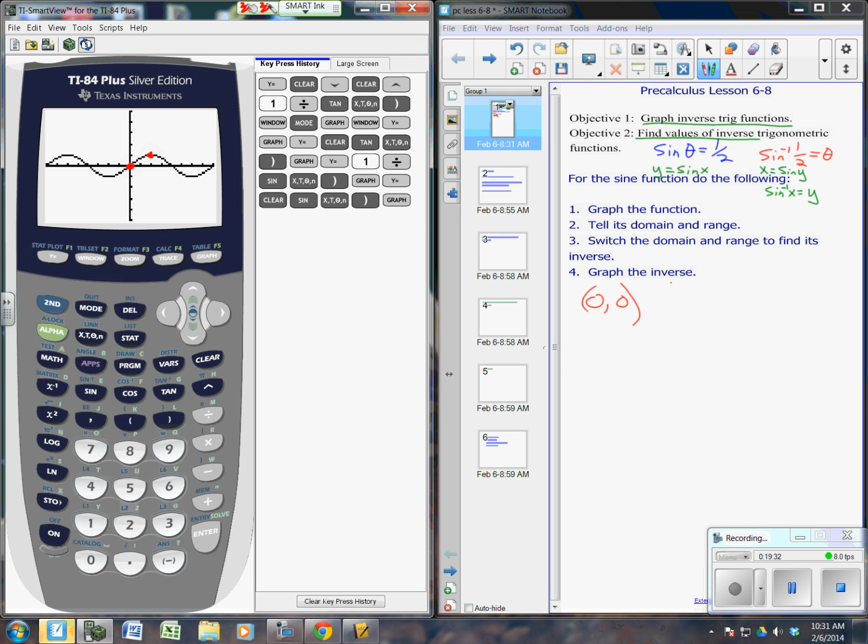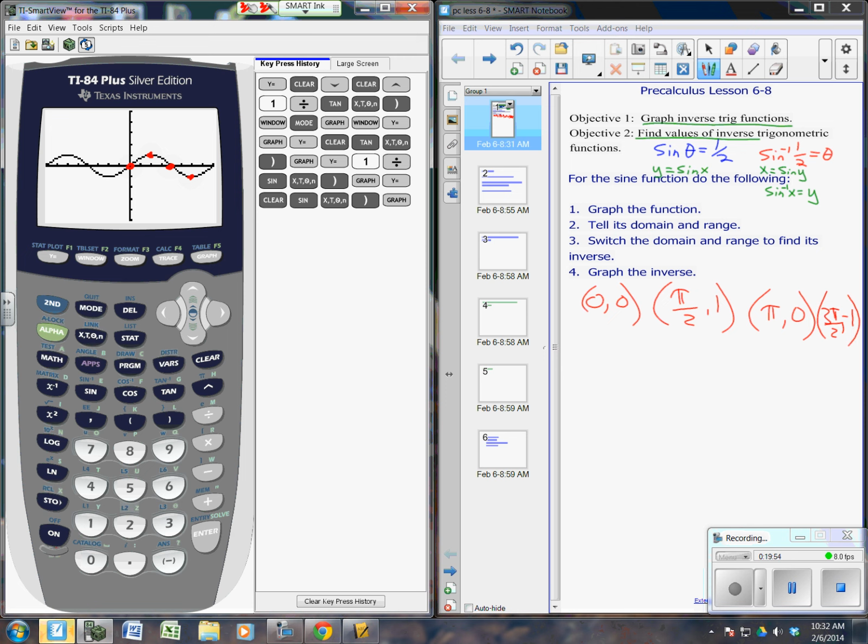Pi halves, comma 1. What's this point right here? Pi, comma 0, yeah. What's this point right here? 3 pi halves, comma negative 1.